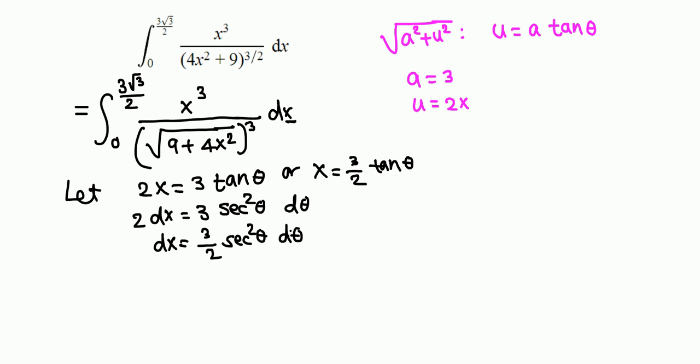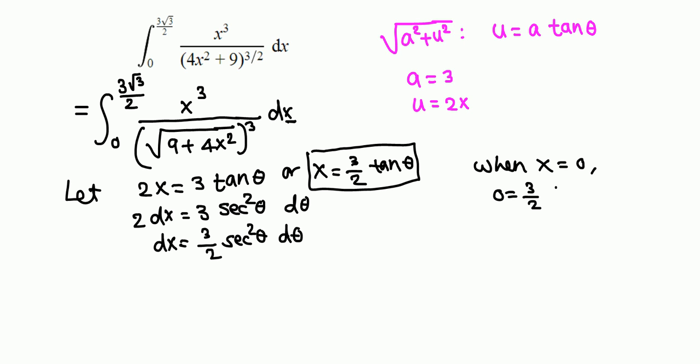Now our integral will be in terms of theta, so we need to convert the limits in terms of theta as well. For that, when x equals 0, the lower limit, let's find theta using this assumption. So 0 equals 3 halves tangent theta. Divide by 3 halves both sides, tangent theta equals 0.